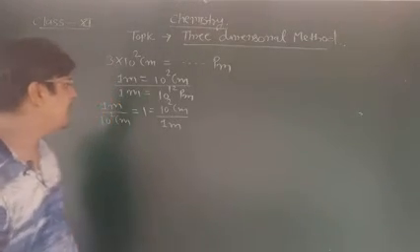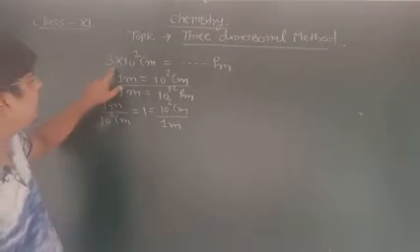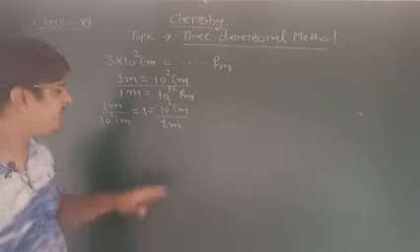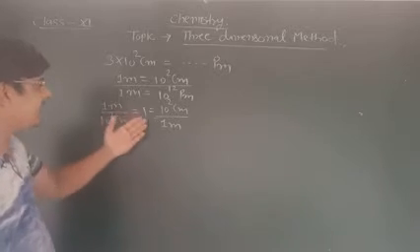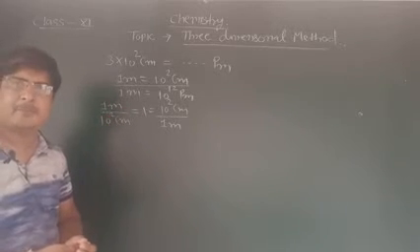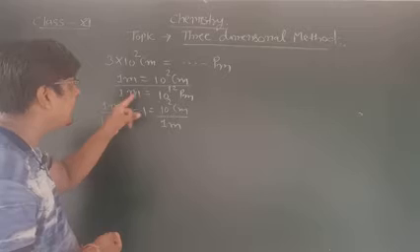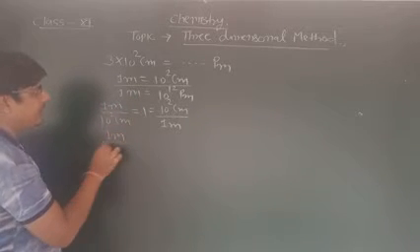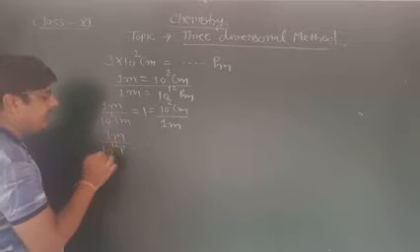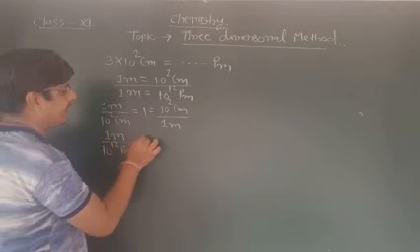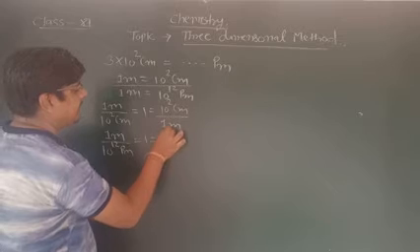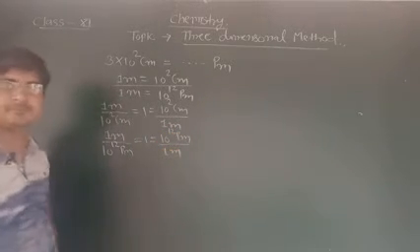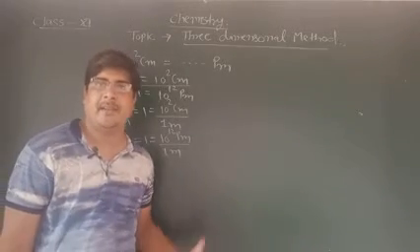First you will convert the centimeter into meter, then convert meter into picometer. You know very well 1 meter upon 10 to the power 12 picometer is equal to 1, which is equal to 10 to the power 12 picometer upon 1 meter.